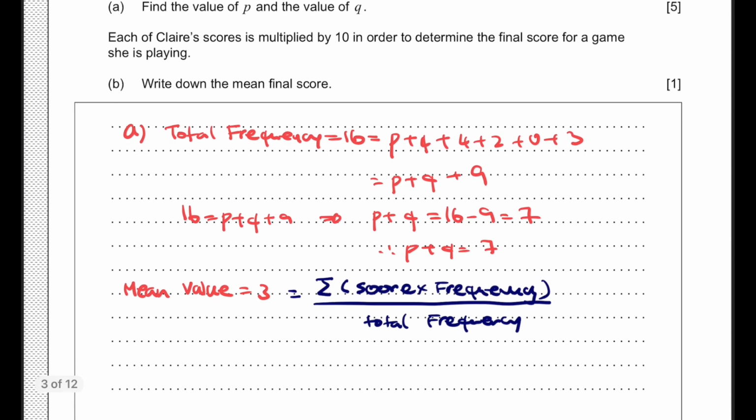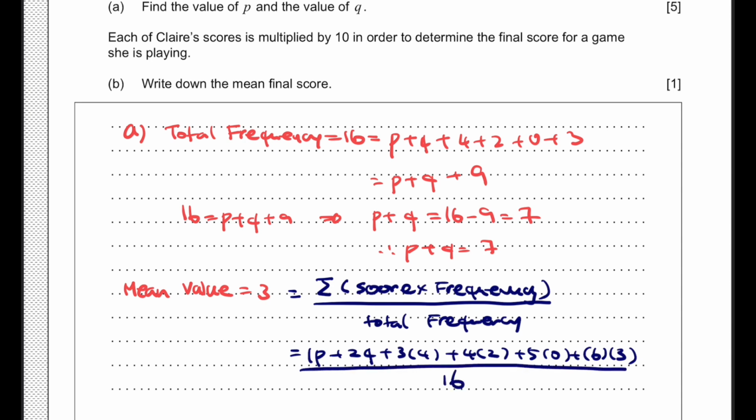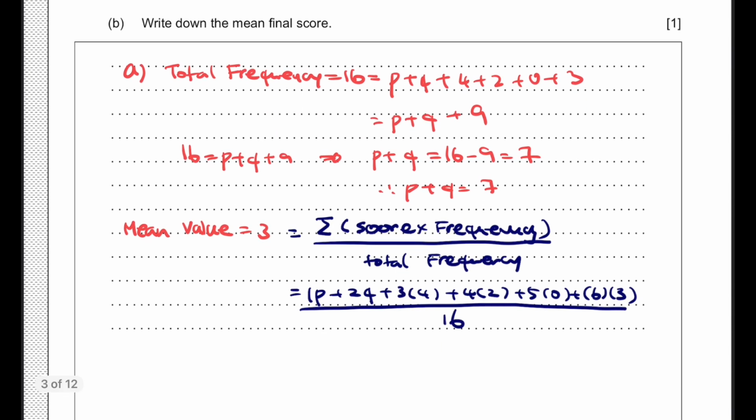So we can do 1p plus 2q plus 3 times 4 plus 4 times 2 plus 5 times 0 plus 6 times 3, divided by 16. So this is actually the same as 1p plus 2q plus 38 over 16 equals 3.